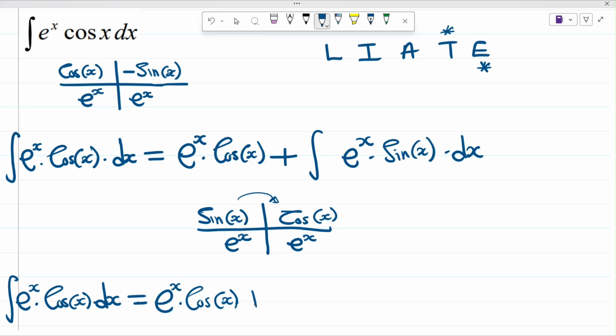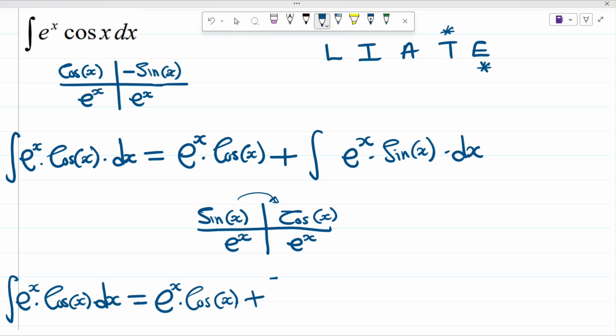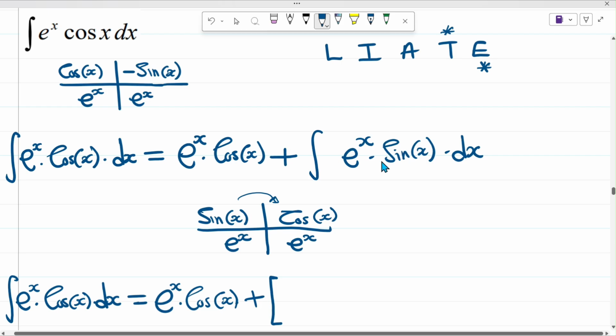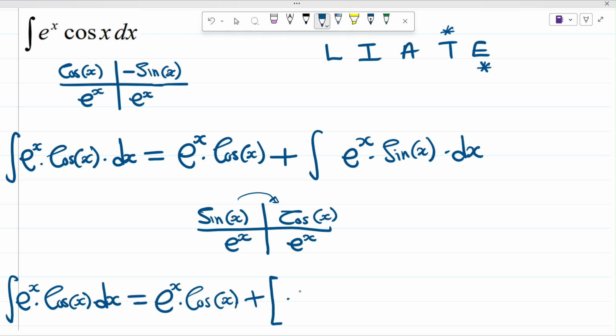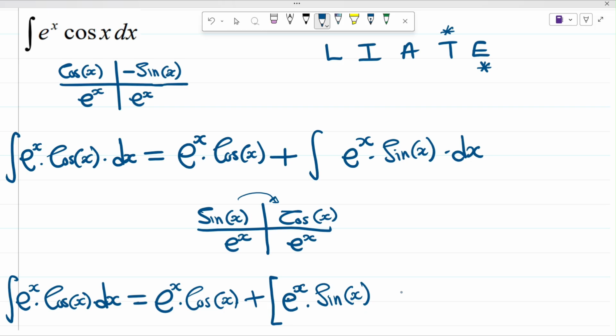And then I say plus. So this plus is this one, right? I always copy that sign there. So now it's my time to apply integration by parts for this integral. This is going to be second multiplied by the third quadrant, so e to the power x multiplied by sine of x, minus the integral of first quadrant multiplied by the third.